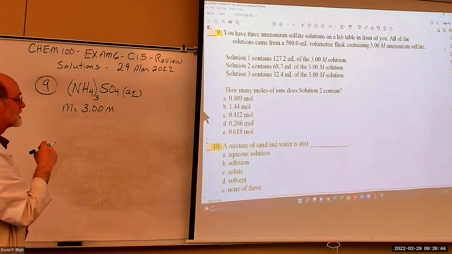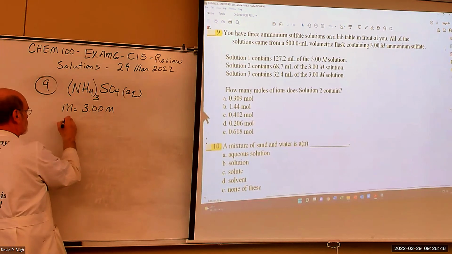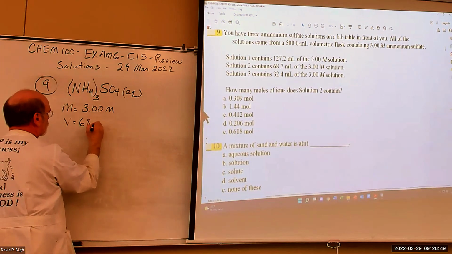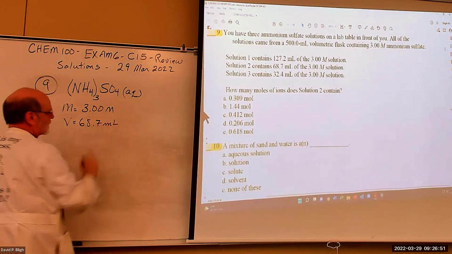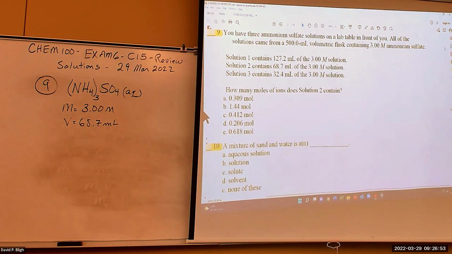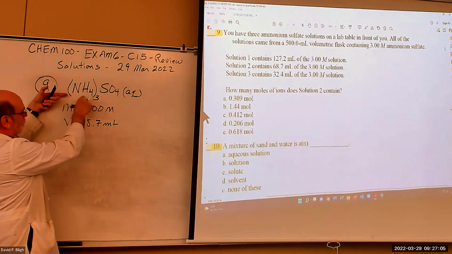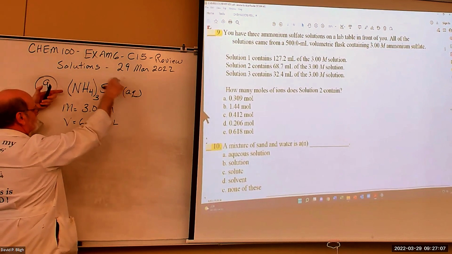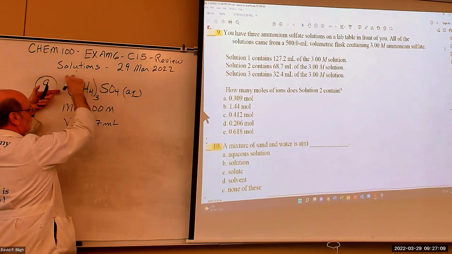And we have 68.7 milliliters. Now, how many moles of ions does solution 2 contain? This is a unit conversion problem, really. You have 3 molar of this formula.